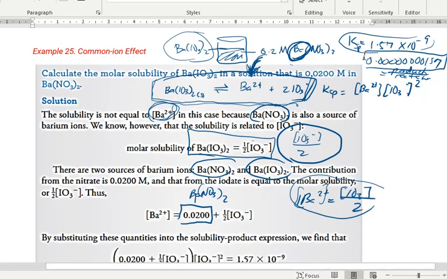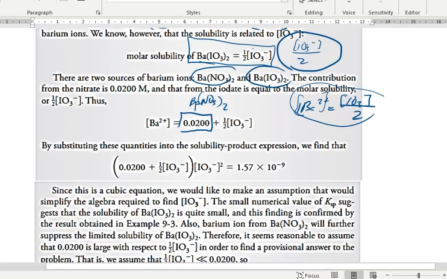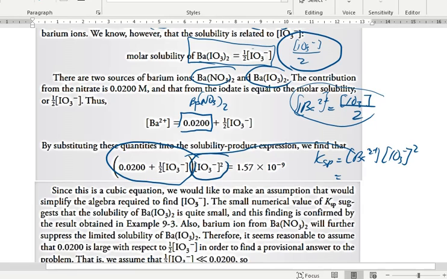Okay? So by substituting these quantities, from the Ksp we know that Ksp is equal to barium 2+ times the iodate squared. The concentration of barium is this one, 0.02, and this one is the iodate.